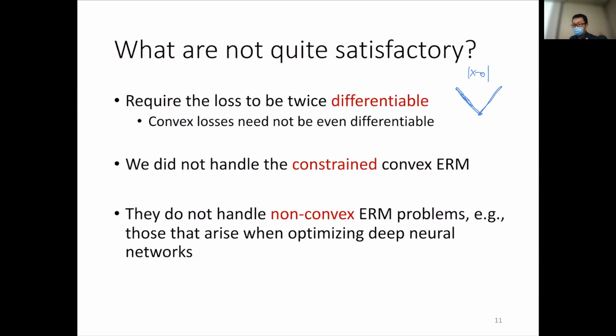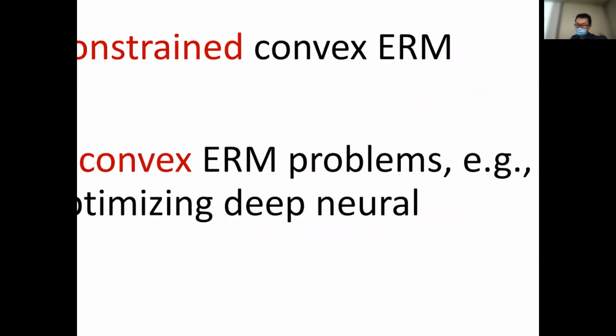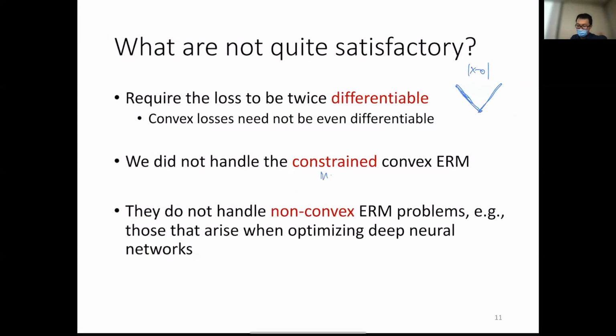So the techniques that we learned so far don't really handle this very easily. In addition, we cannot handle the constrained convex optimization problem. Sometimes the type of problem that we try to solve is a minimization of this scaled empirical risk.